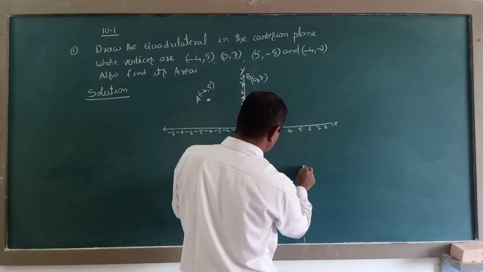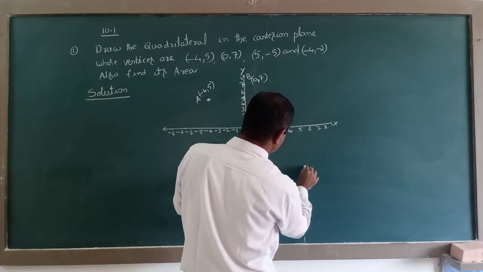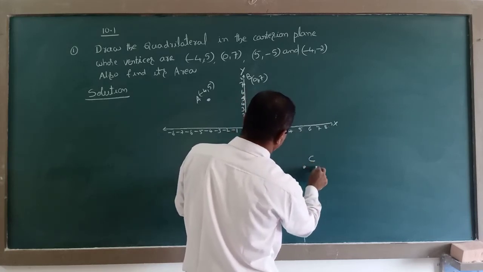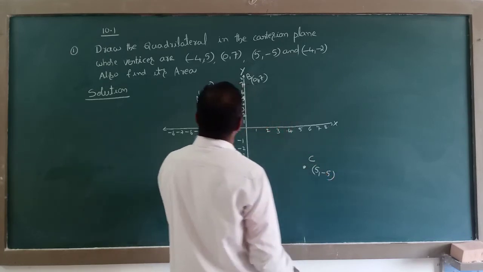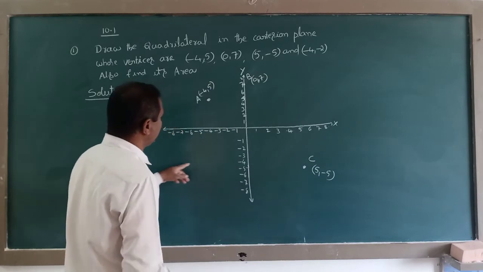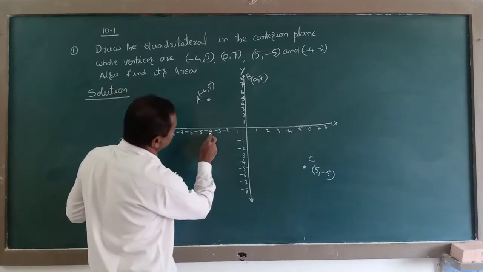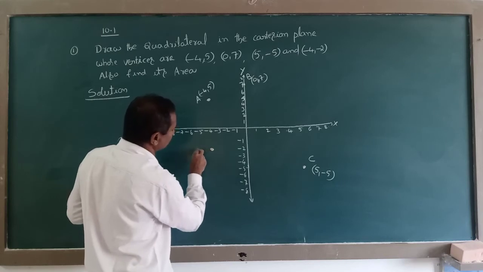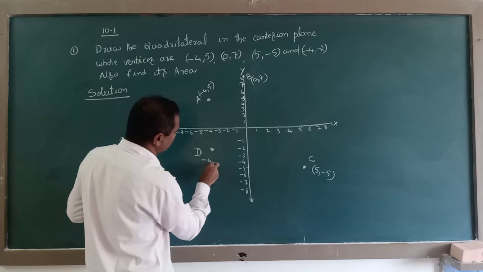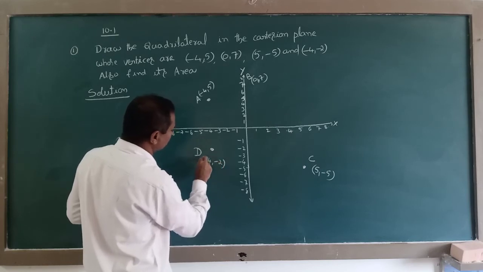Here it will come. C, 5, minus 5 here. Last one is minus 4, minus 2. Here it will come. D, it is minus 4, minus 2 here.